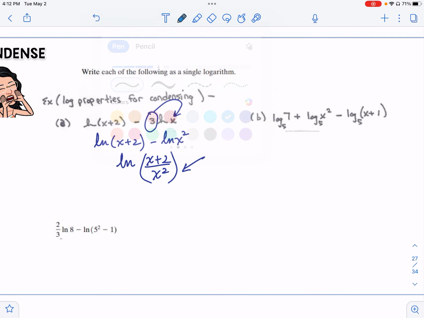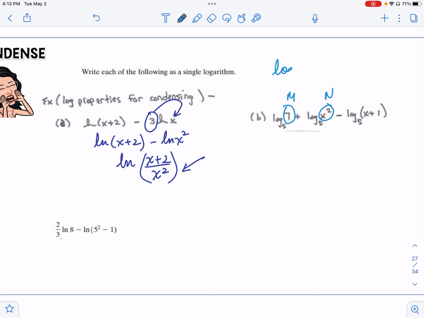Look at part B. I see a plus and I see a minus. Now you have to go left to right, because this part could apply the quotient property, but I have to follow left to right. Left to right, we see this coming up first, which is the power property. How do I know that? Because this could act as m and this could act as n.